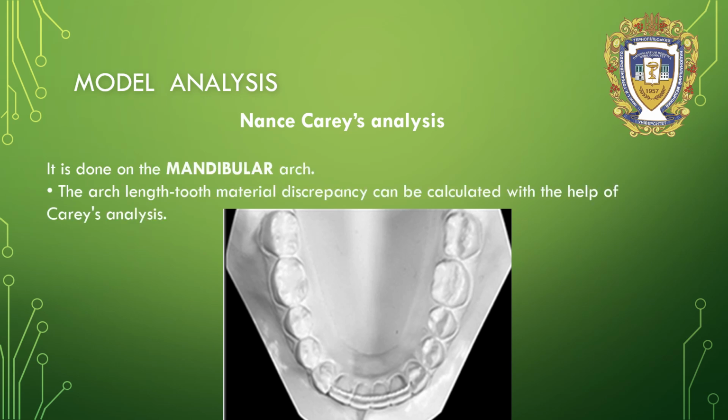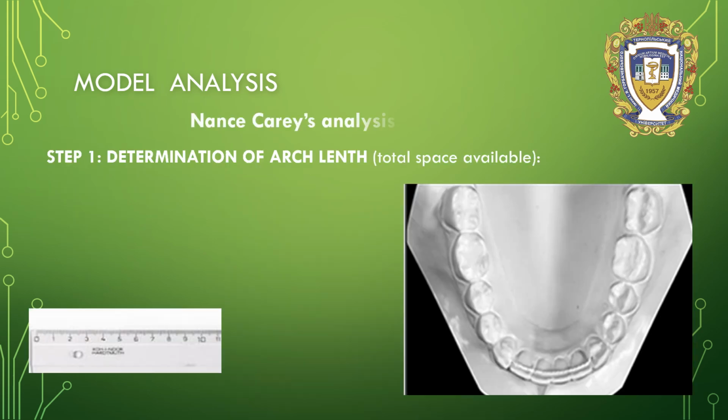This analysis is carried out in the lower dental arch, and the arch length tooth material discrepancy can be calculated with the help of Nance analysis. The methodology of this analysis is similar to the analysis in the upper dental row.